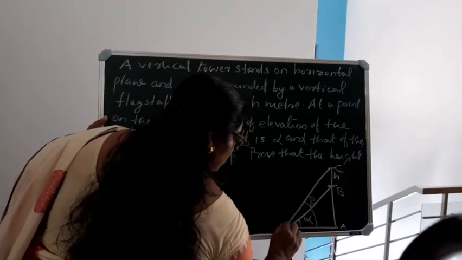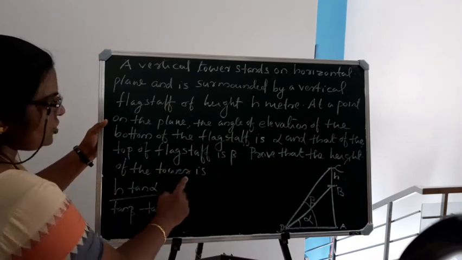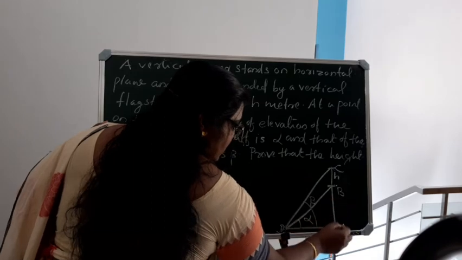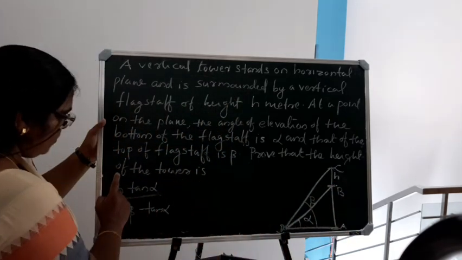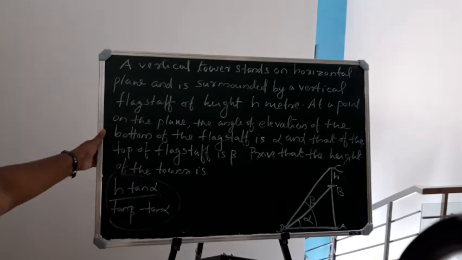You can take these points as C and D. Prove that the height of the tower AB equals h tan alpha by tan beta minus tan alpha.